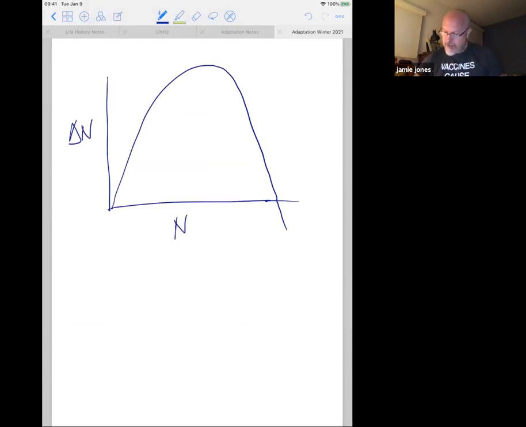It can't get negative at the lower end, because that would mean that you'd have negative population. We have these two equilibria of n equals 0, n equals k.